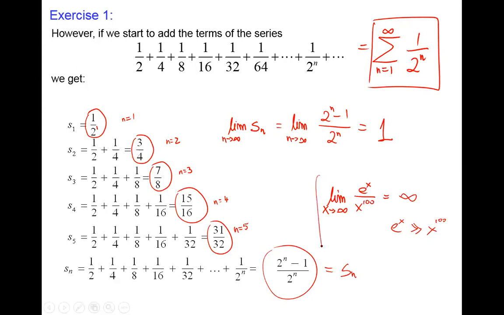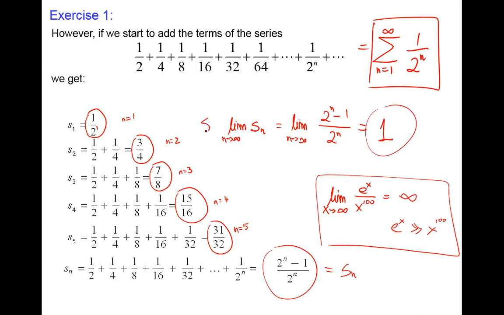Okay, that was just some review. That means we have the function 2 to the n, and this is the same thing, 1. We can see that we can keep adding 1 over 64, 1 over 128, and so on. I can keep adding the terms, and my sum will never be greater than 1.